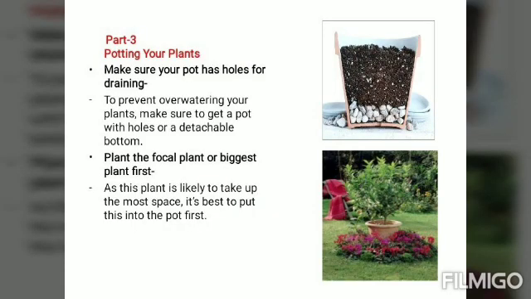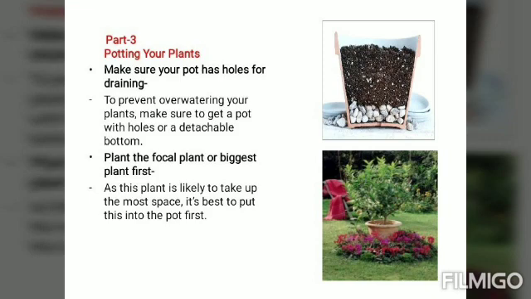So here in part 3, the first thing that we'll discuss is potting our plants. Firstly, make sure that our pot has holes for draining. This is a very important point, and it also prevents overwatering. See here, you can see the first picture, what is in the bottom part of the pot.